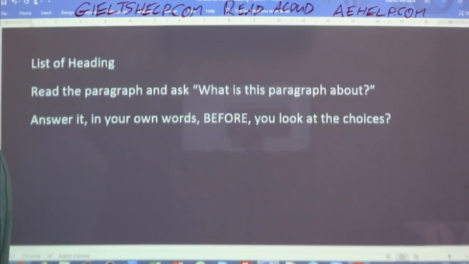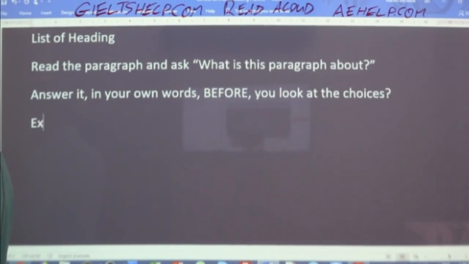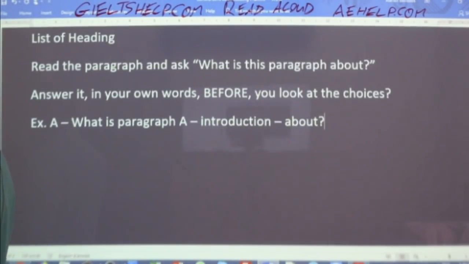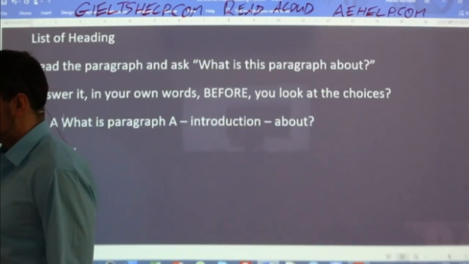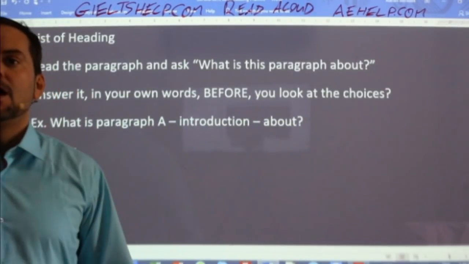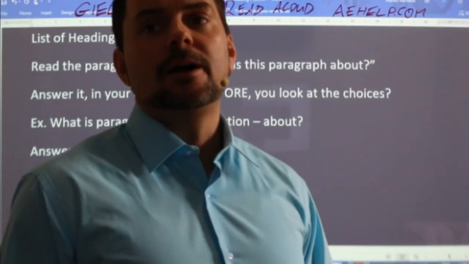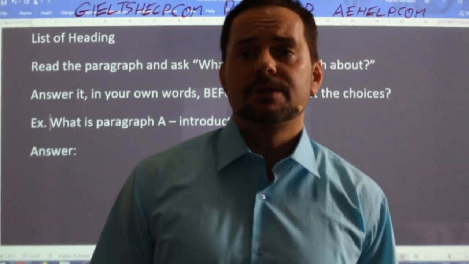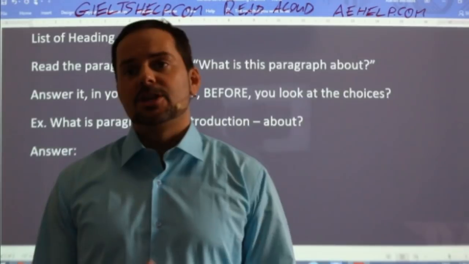Our example here is paragraph A. So what is paragraph A about? Which is the introduction. Zaina says it's about the history of the statue, so the background information to the statue.